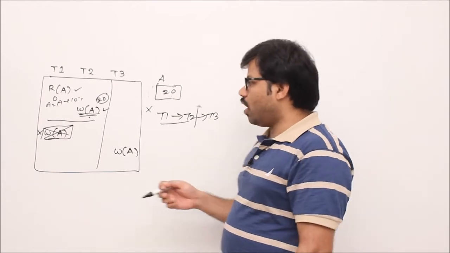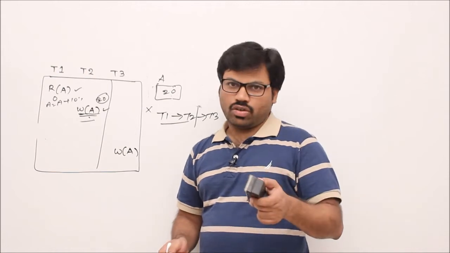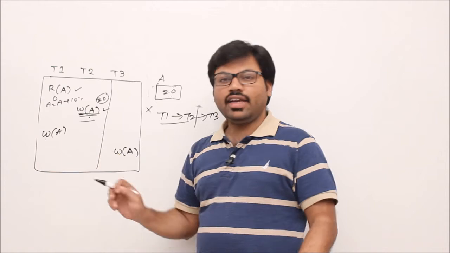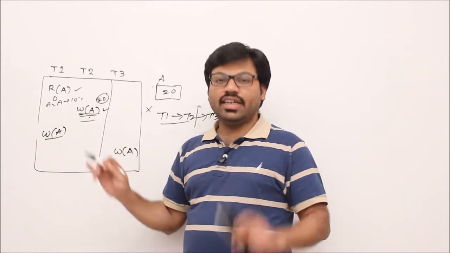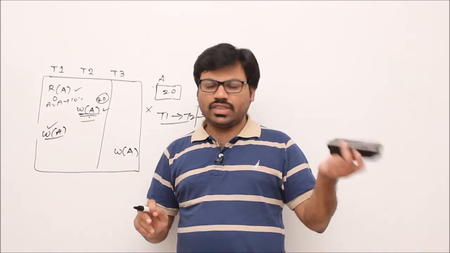So that is why, from now onwards, there is a variation called the Thomas Write Rule. In the Thomas Write Rule, while writing, we have an exception. We only look at the readers. That means whenever we update the data, at that time we only check the readers.